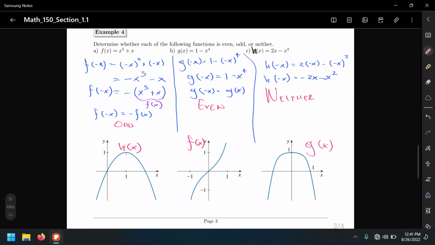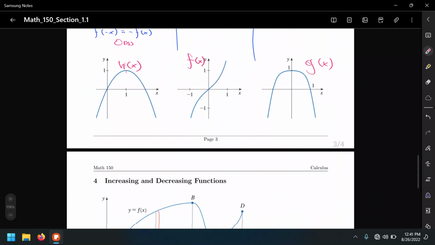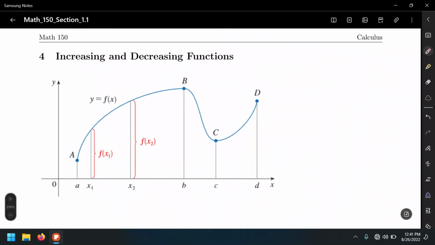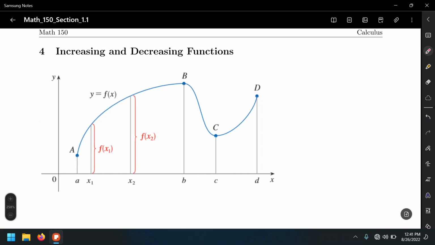And the last piece of information that I would like to refresh from pre-calculus is how to identify increasing and decreasing functions.